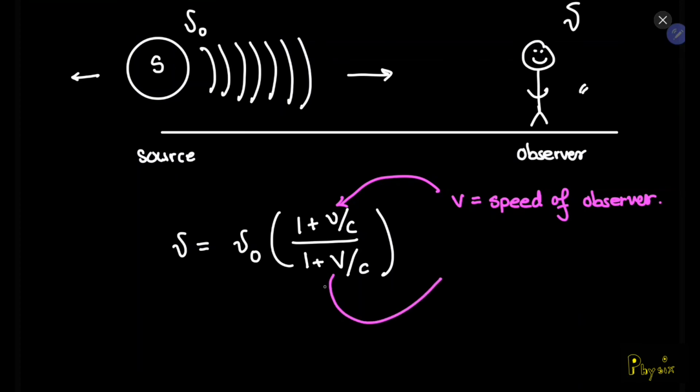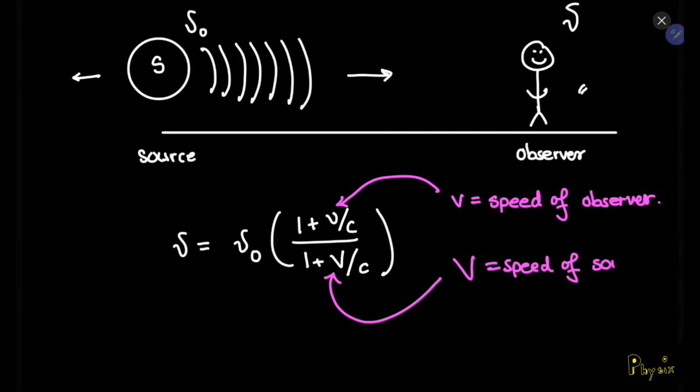And the capital V is the speed of the source, considering that the source is moving. Now, the capital V is considered positive if it's moving towards the observer, but it's considered negative if it's moving away from the observer.